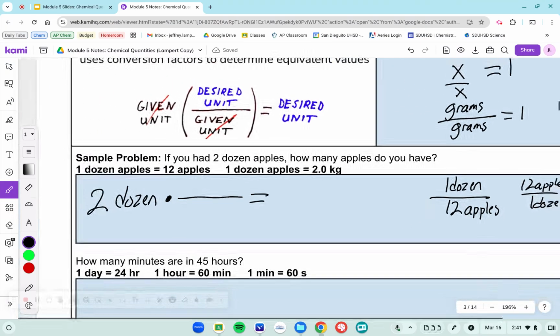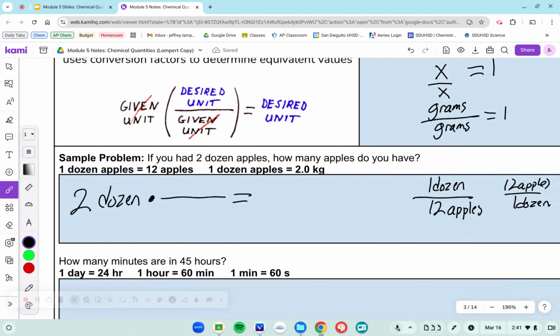Now, I need to figure out how to select here. I need to pick the conversion factor that's going to cancel out units of dozen and leave me with units of apples. So if we're looking at this example up here again, I want to have the given unit on the bottom and the desired unit on the top.